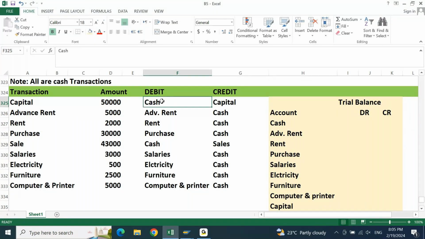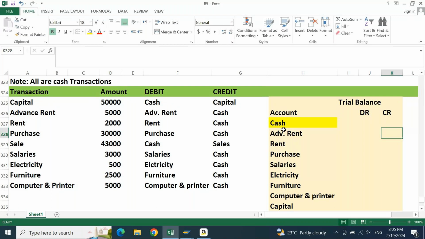It's only cash which is appearing multiple times. So I'll put a different color for cash. This is only to understand that it is appearing multiple times, meaning you need to identify the closing balance of the cash by taking total debit and total credit posted to the cash account. Currently, I'm not writing the cash account balance here.